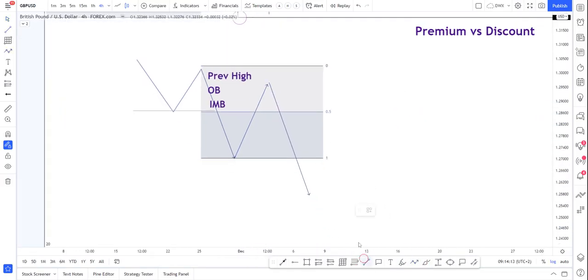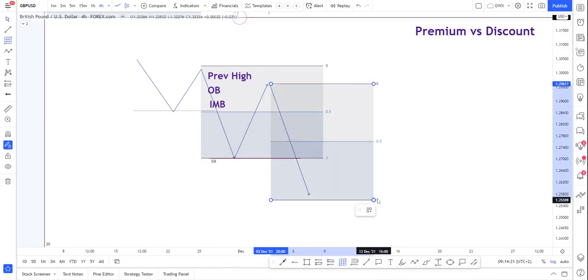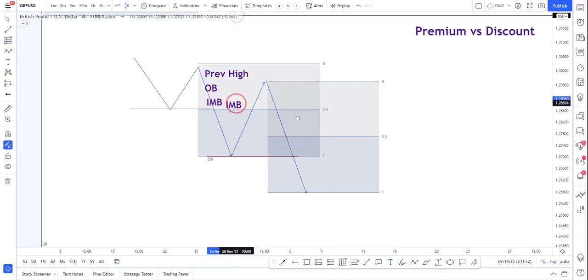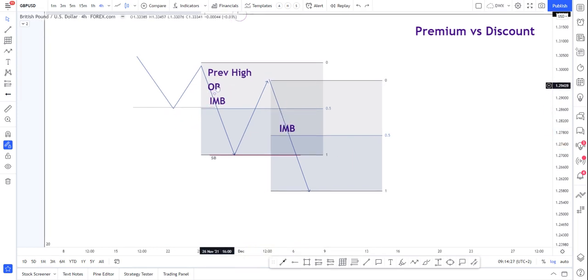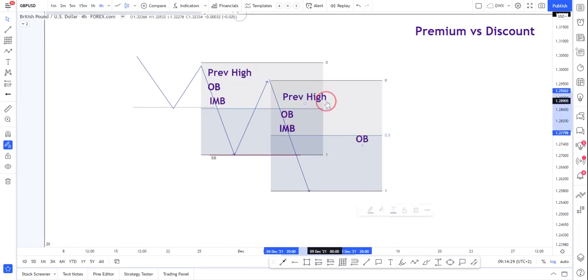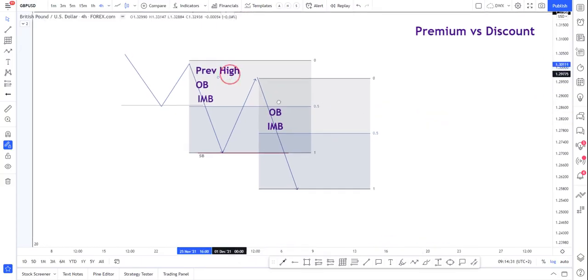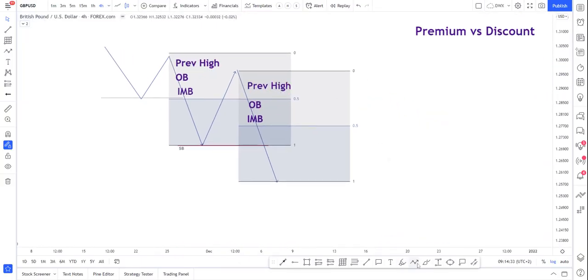Then I want to see again a structure break over there, and we place the tool again from high to low, and we look for the same things: imbalance, order block, and then previous high. Again, looking for price to make a pullback to one of those areas and then to short it again.